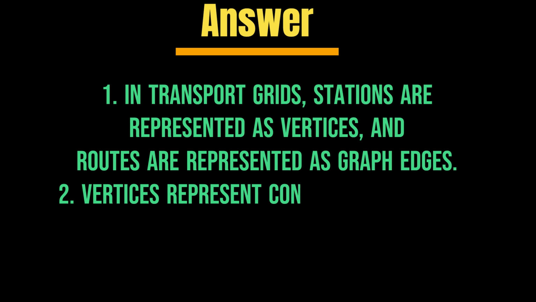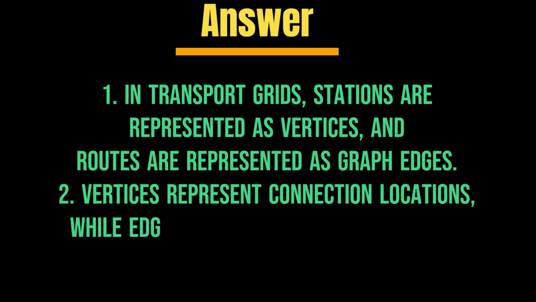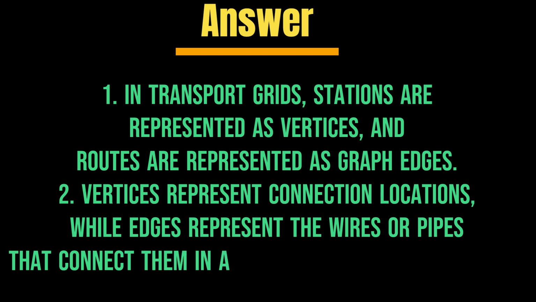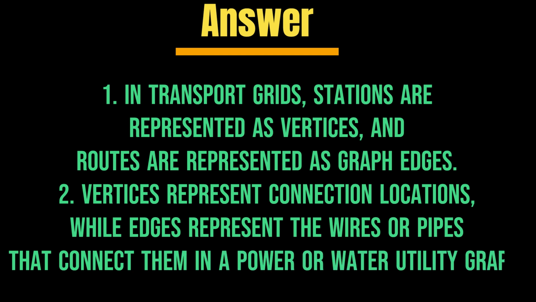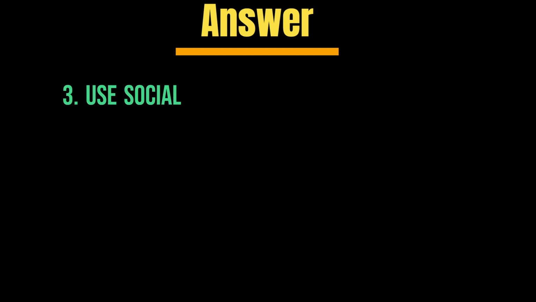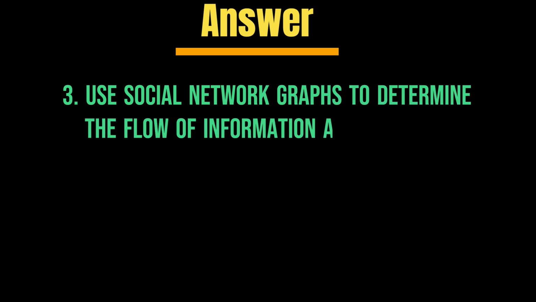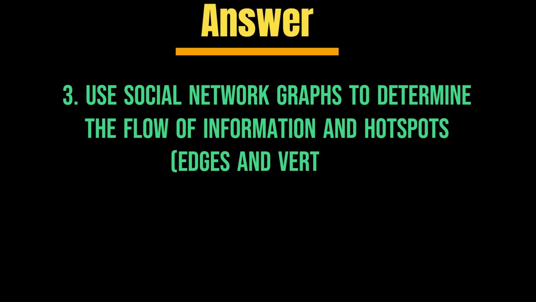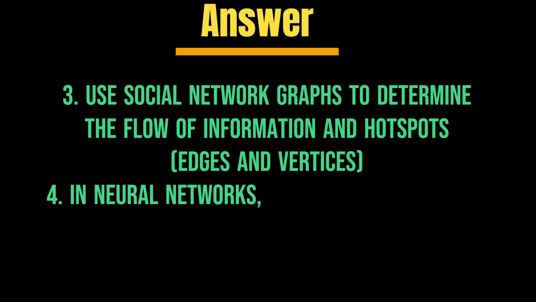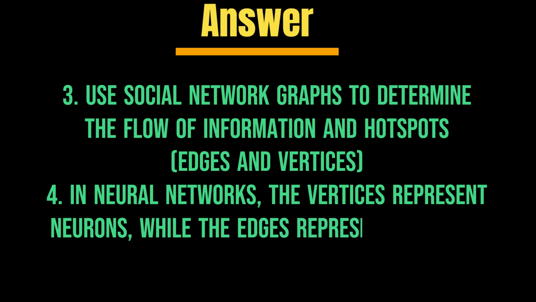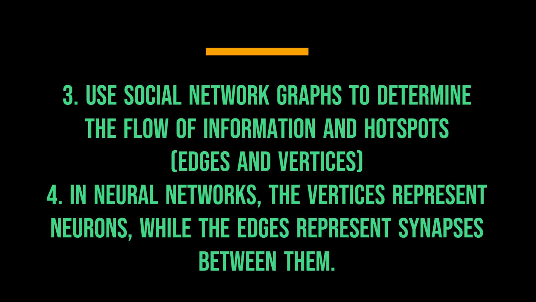Vertices represent connection locations, while edges represent the wires or pipes that connect them in a power or water utility graph. 3. Use social network graphs to determine the flow of information and hotspots, edges, and vertices. 4. In neural networks, the vertices represent neurons, while the edges represent synapses between them.